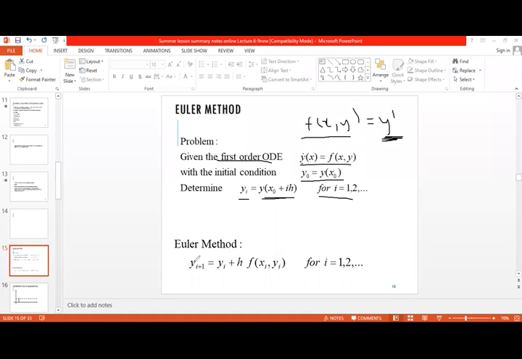The Euler's method of approximation is this equation we have here, that is y at step i plus 1 is equal to yi plus h times f of xi, yi. And take note, the f here is the derivative function that was given originally.